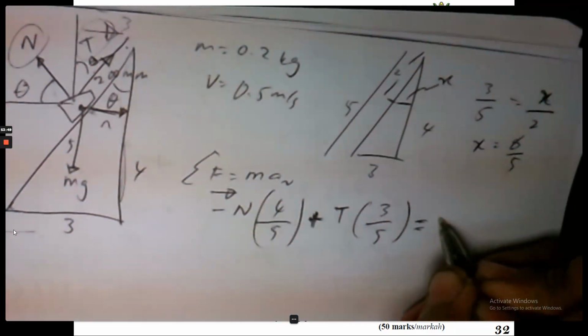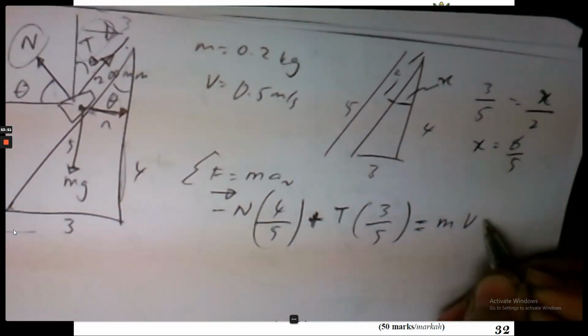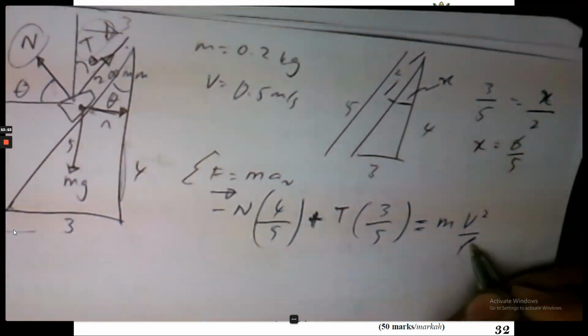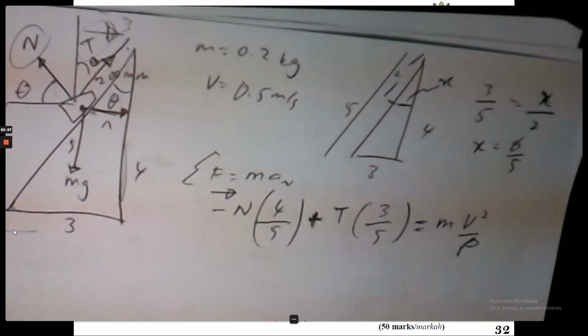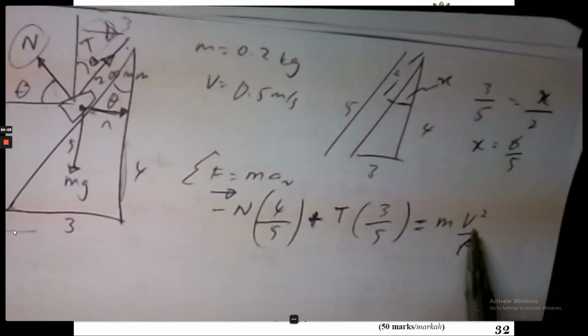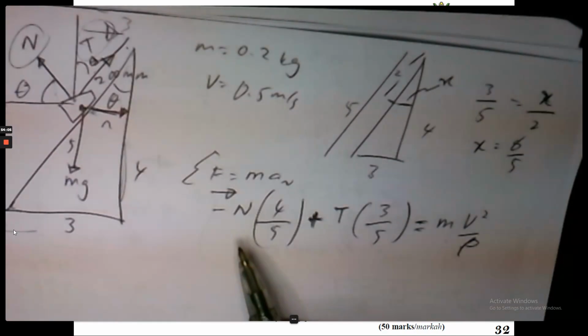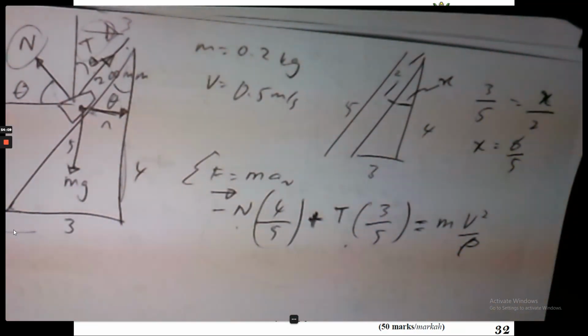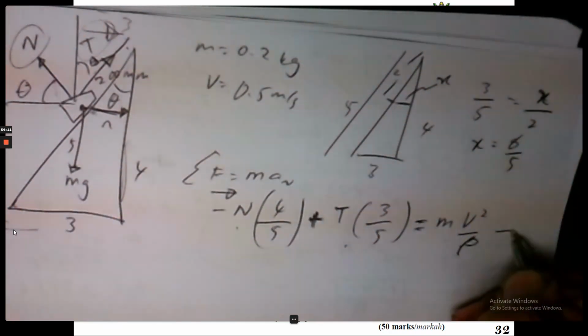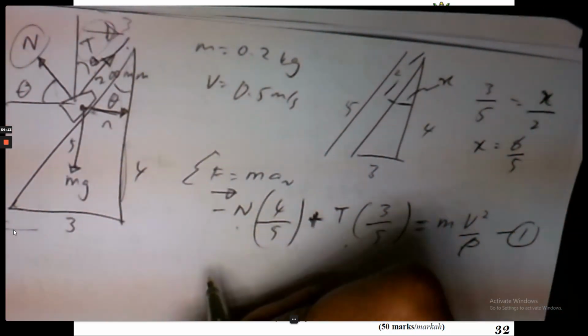External force m v squared divided by rho, because this is a_n. M is given, V is given, so we have N and T as unknown. So we need another equation. All right, let's call this equation number 1.